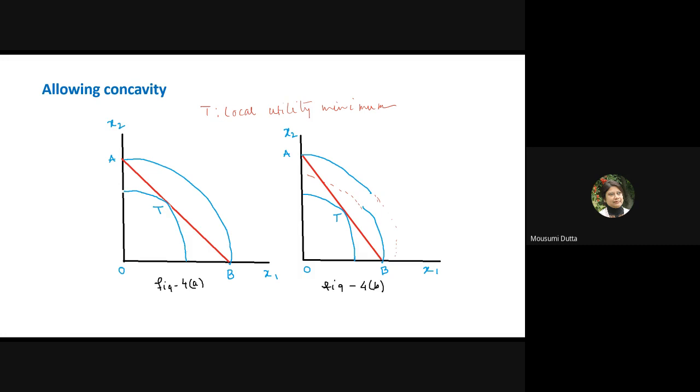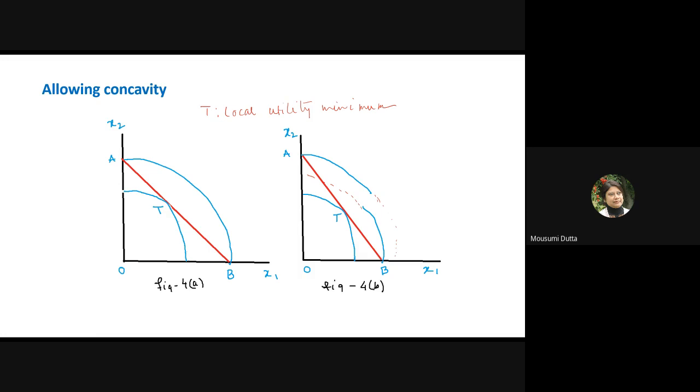Concave ICs mean that as you move continuously from the x2 axis towards the x1 axis, the slope of the indifference curve becomes steeper and steeper.